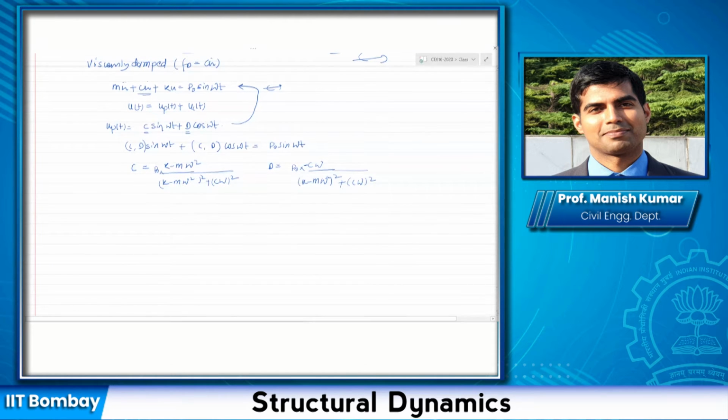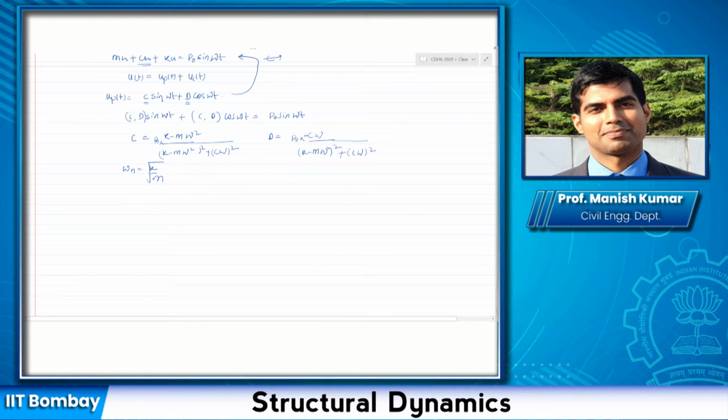So this is basically when you solve this, you will get a solution. And what you could do here possibly, can I write my omega n equal to under root k by m? That I know, right? So I'm further going to simplify this c and d. Let us take k out from here so that it becomes p naught by k, and this becomes 1 minus omega square divided by k by m.